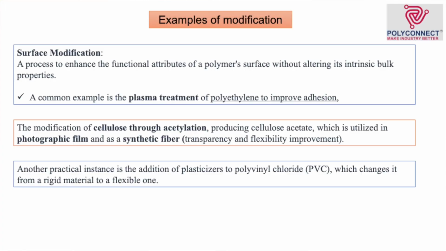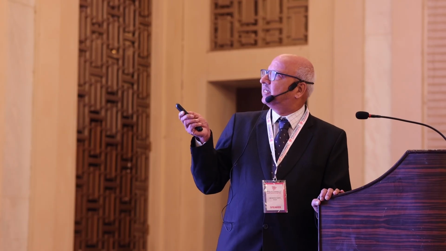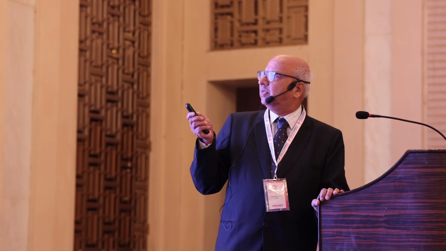Surface modification, like in day-to-day packaging application where you want better printing, surface modification by plasma treatment is done, as well as the adhesion is improved. In the case of cellulose acetate, photographic films, it helps.